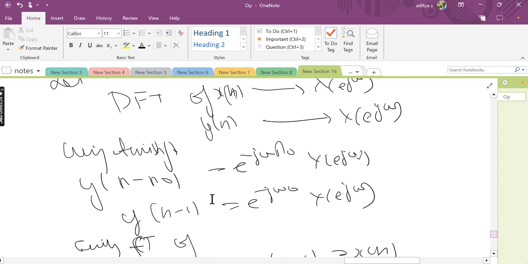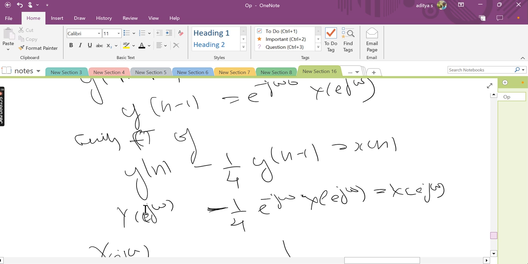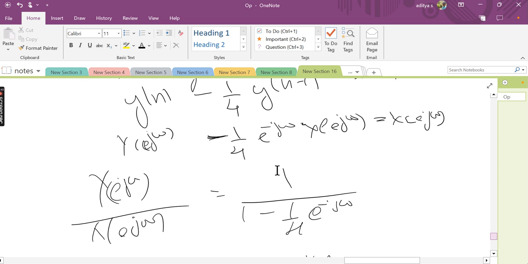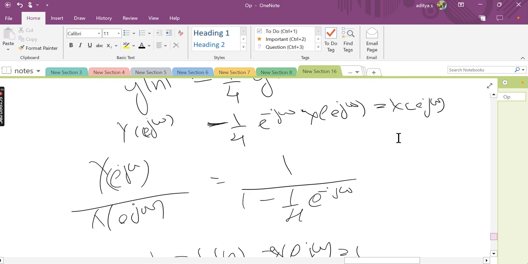Using the time shifting property, y of n minus 1 by 4 y of n minus 1 equals x of n gives Y of e raised to j omega minus 1 by 4 e raised to minus j omega Y of e raised to j omega equals X of e raised to j omega.